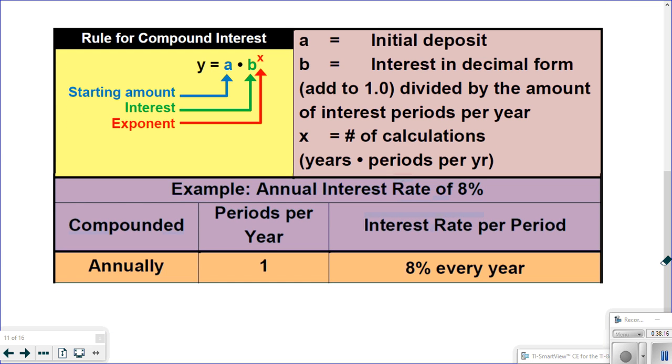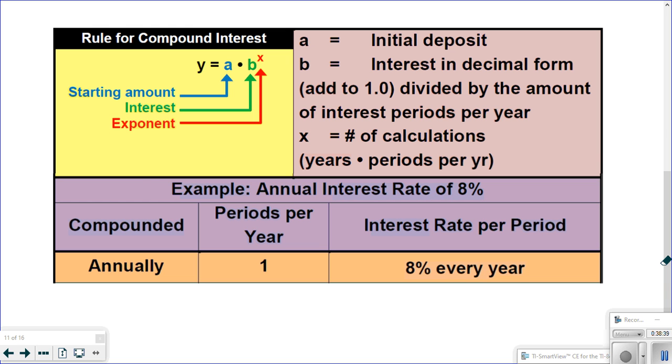Remember, A is the initial amount, the starting amount. The R is the interest in decimal form, added to 1, so we're going to put 1 plus because we don't want to skip anything. The T is the amount of time in years.